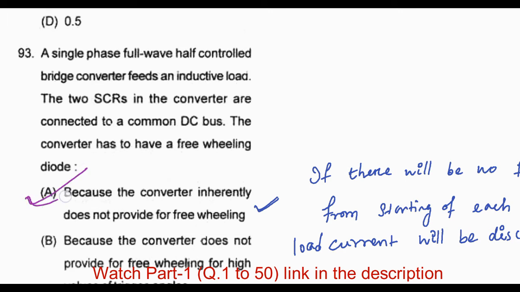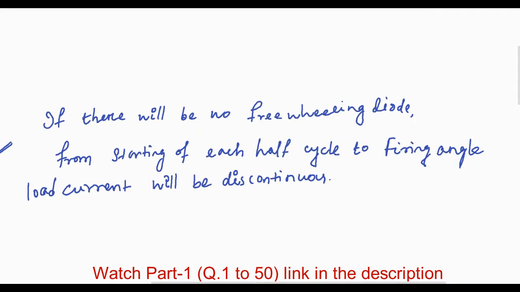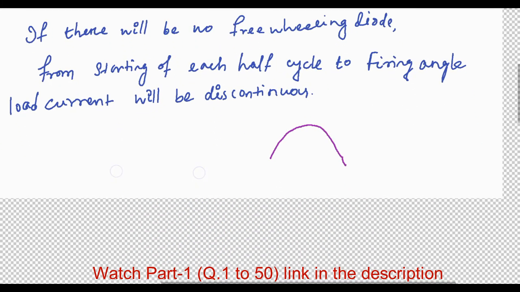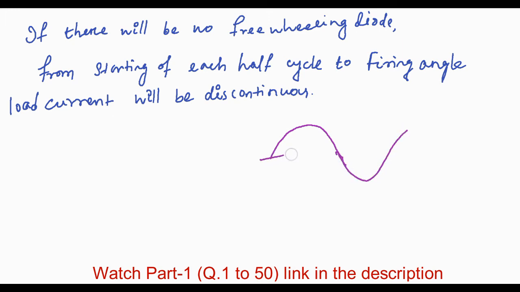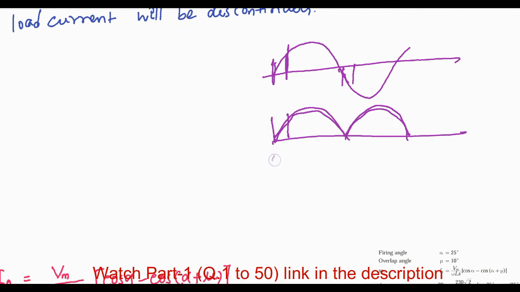This is the answer, because if there is no freewheeling diode, from the starting of each half cycle to the firing angle, suppose this is the supply voltage, this is for a full wave rectifier, and this is the actual without any control.